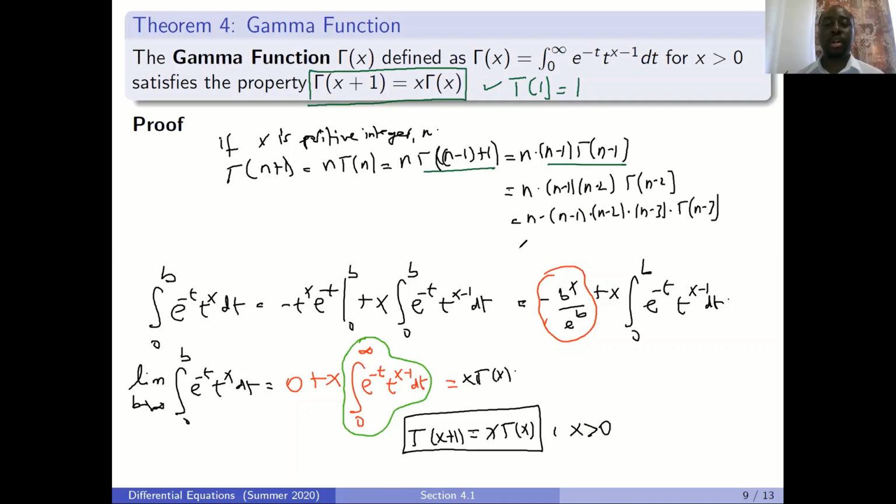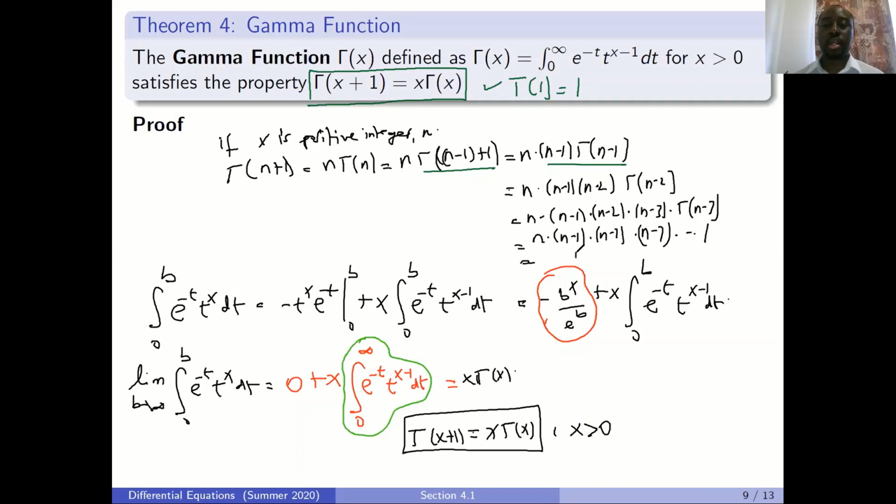And so we can go on and on, and eventually, as we keep reducing this all the way down to 1, we're going to have n times n minus 1 times n minus 2 times n minus 3, and so on.